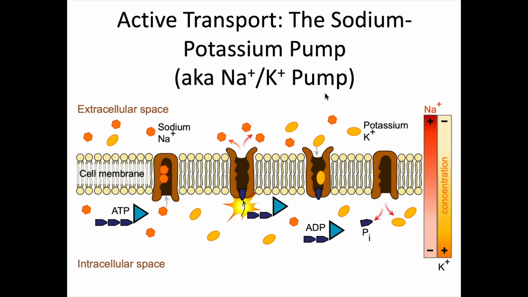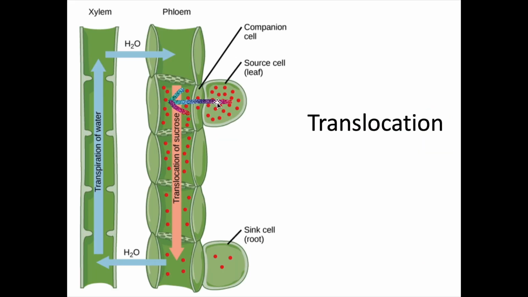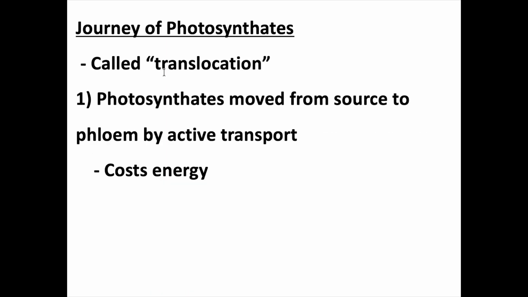This is a different type of active transport, but this was the example I used back in BISC1323 of something where we're actively spending ATP, we're actively spending energy to pump stuff from one side of the membrane to another. We are actively spending energy here, moving these photosynthates into the phloem. Journey of photosynthates, it's called translocation, and step number 1, photosynthates are moved from source cells to the phloem by active transport, and yes, it costs energy.